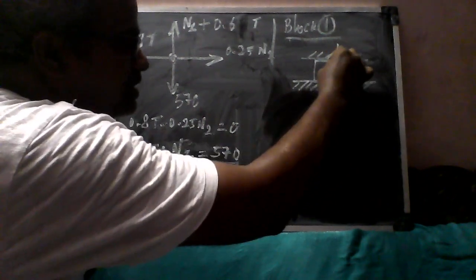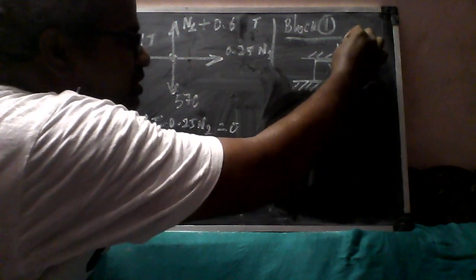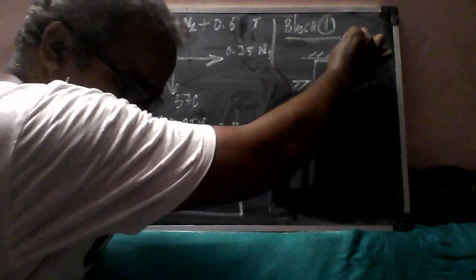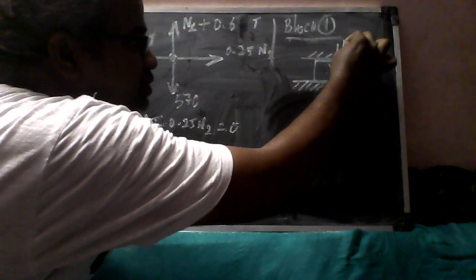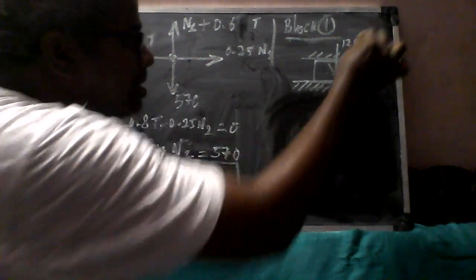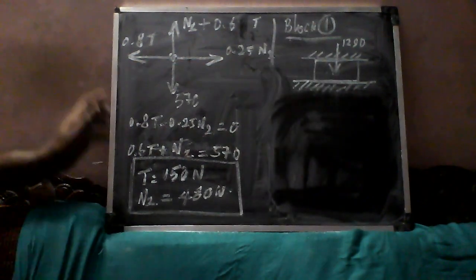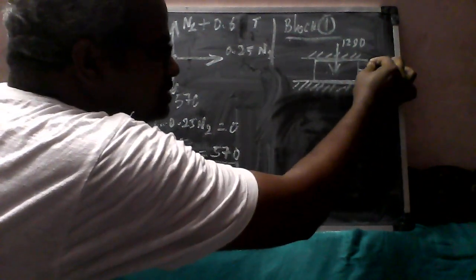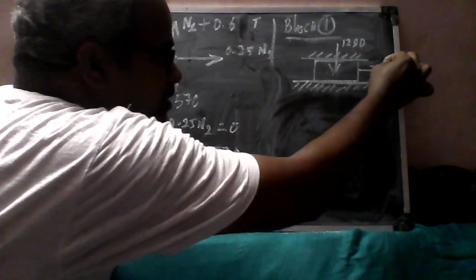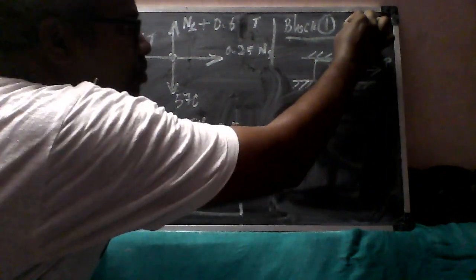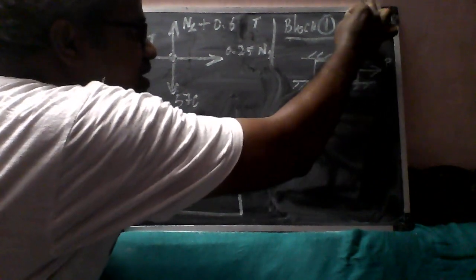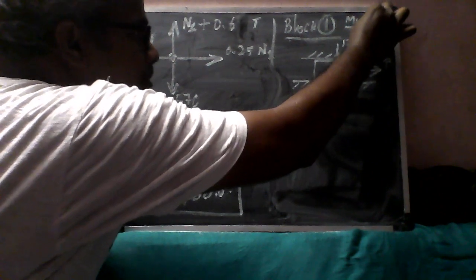Weight of the block is 1290. And I have two contact surfaces, and I am pulling this in this direction P. So the movement of the block is this way.